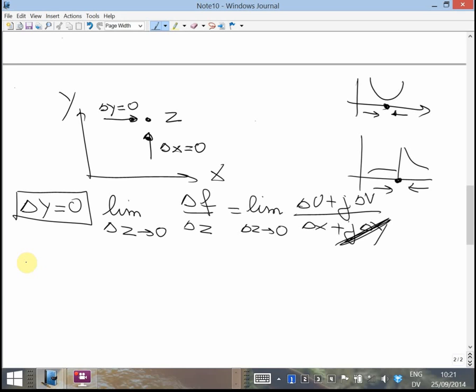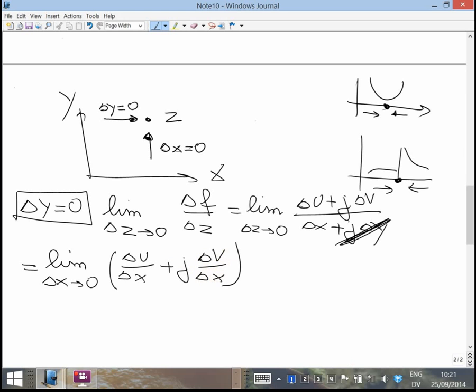So if delta y is equal to 0, then delta z is just delta x, so we get the limit of delta x going towards 0 of delta u divided by delta x plus j delta v divided by delta x. So in the very special case of a horizontal approach, this is what our derivative reduces to.